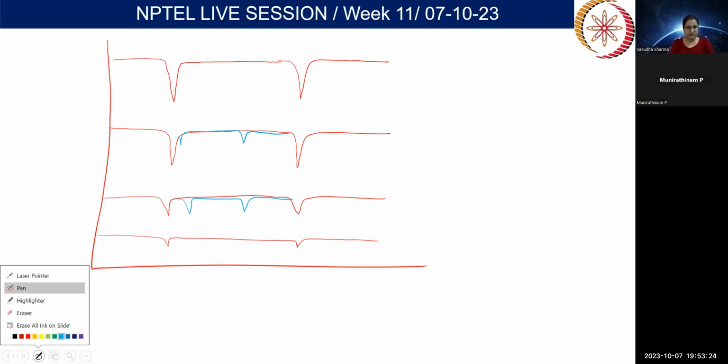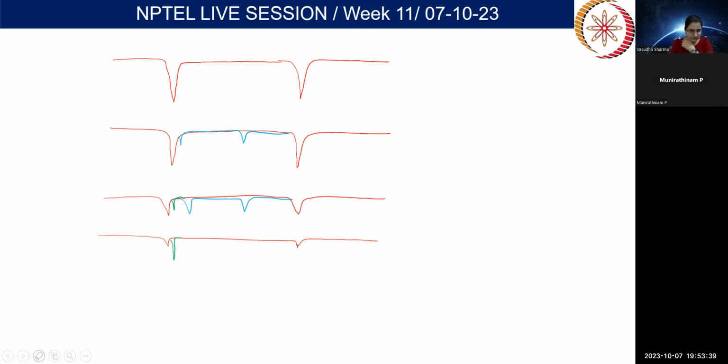Also there is one more peak, a singlet, that comes over here, and then it gains more shape. Then the first one becomes less in concentration, and ultimately we only have the green one.